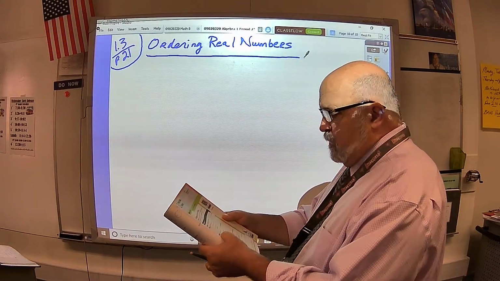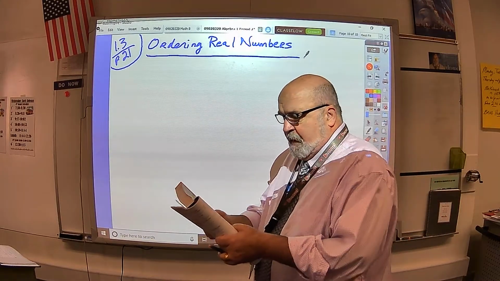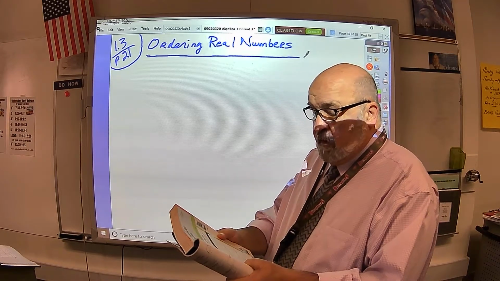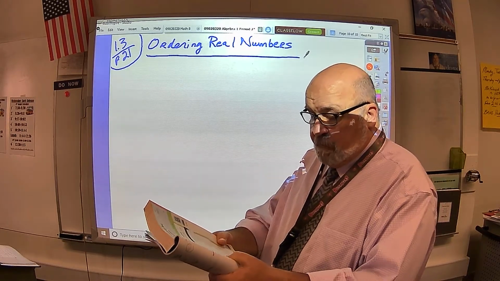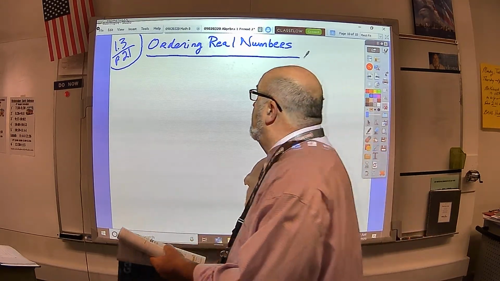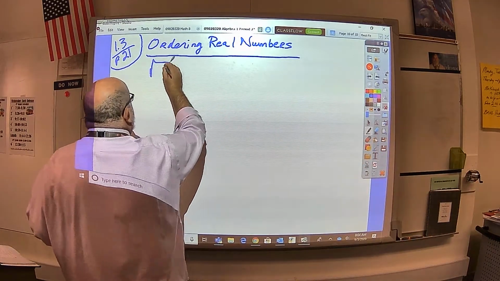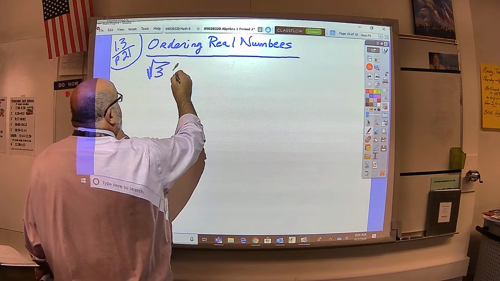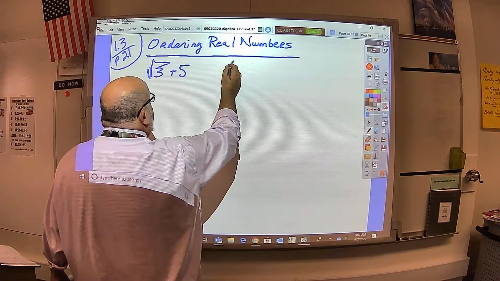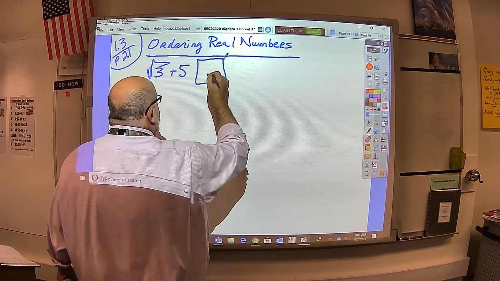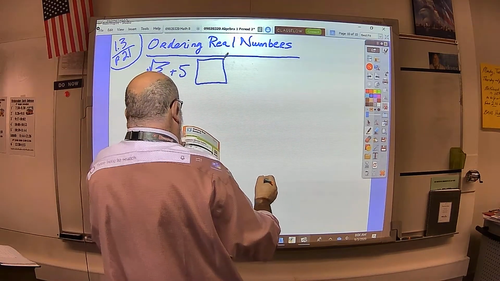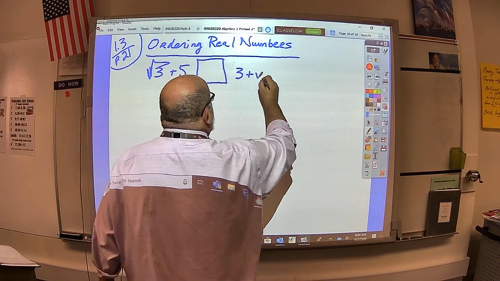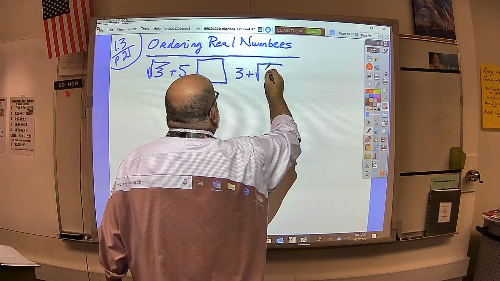So, lesson 1.3 talks about different models, as always, and in example 1, it compares the square root of 3 plus 5 to 3 plus the square root of 5.